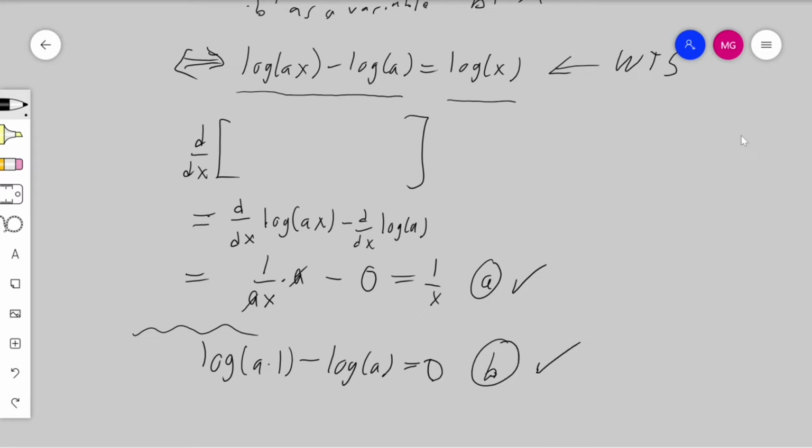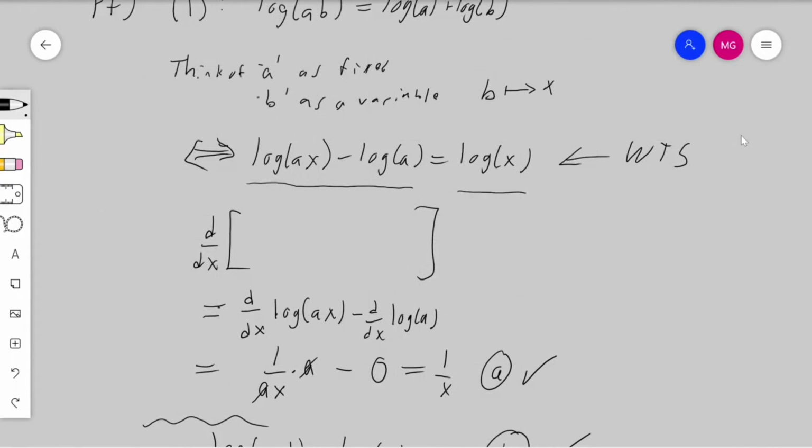When you plug in 1, you get 0. There's a unique function which satisfies both of these properties, and this left-hand side has satisfied both these properties. Therefore, this left-hand side must be the logarithm function, and that is what this expresses right here. So we've just shown this by showing that the left-hand side satisfies the defining properties of logarithm.